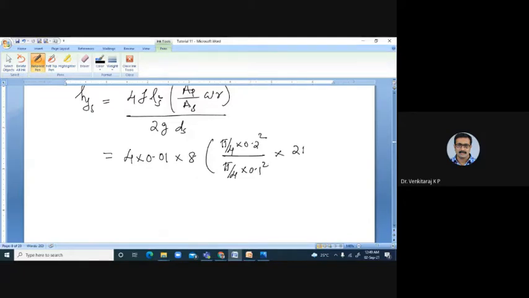it is 2 pi into n. Speed of rotation it is 30 by 60 square.